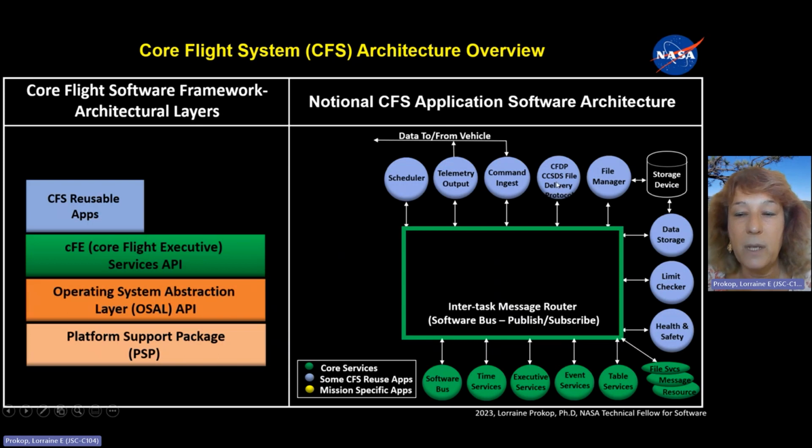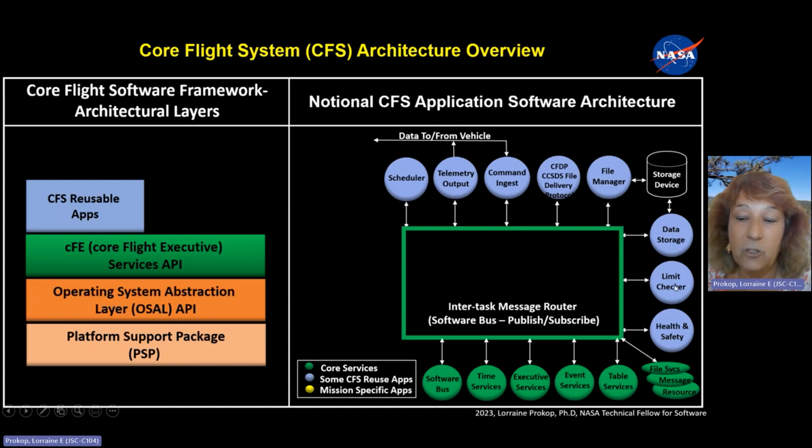Then there's this CFDP that provides for the uplink and downlink of CCSDS files, and the file manager manages those files on the storage device. Another handy app is the DS, the data storage app, and that is configured with a table to subscribe to data on the bus that you're interested in recording, and then send it to a configurable storage device.